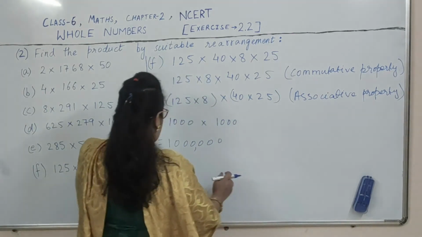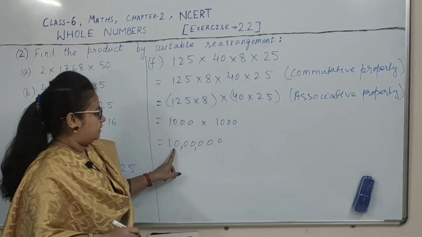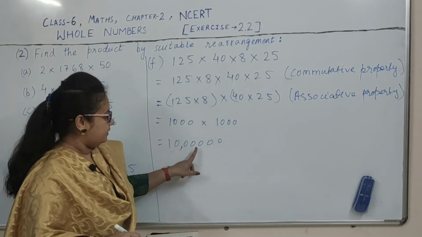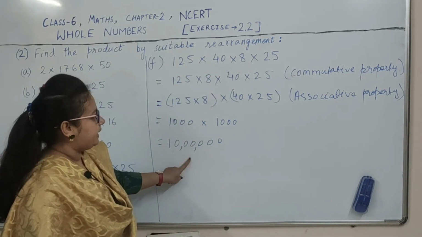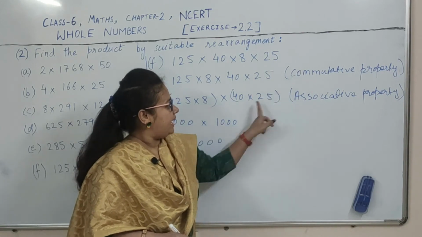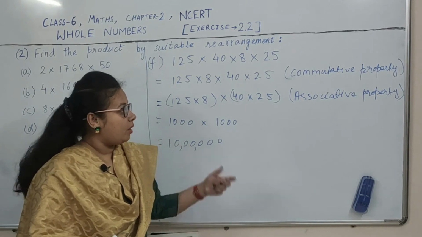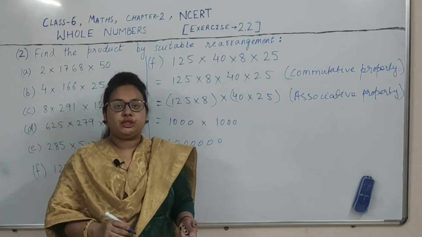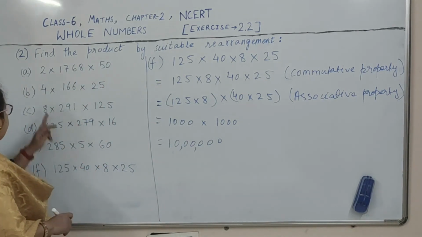See, this is 10 lakh. So the product of these four numbers is 10 lakh, and we have made use of associative property, commutative property and associative property. So a combination of commutative and associative properties is used in all these problems.